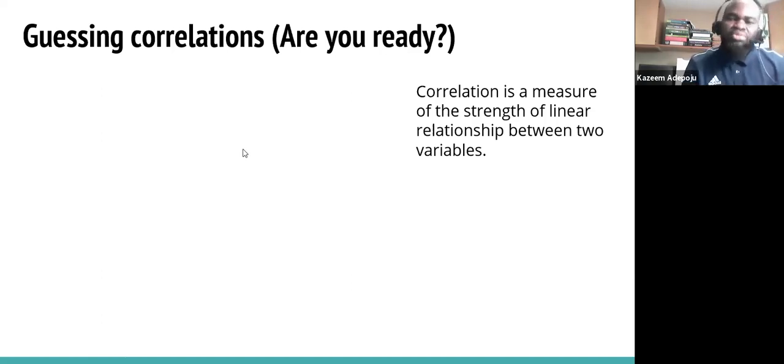Correlation is a measure of the strength of linear relationship between two variables. I want you to look at the word linear. Now the question is, if the relationship between two variables is not linear, can I actually find correlation? We don't find correlation when the relationship is not linear.